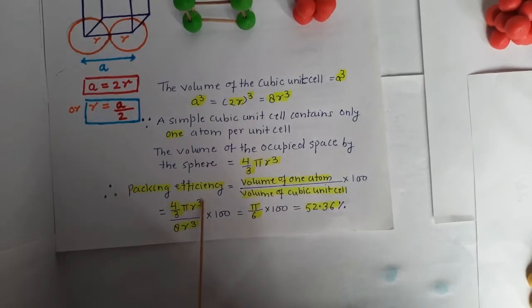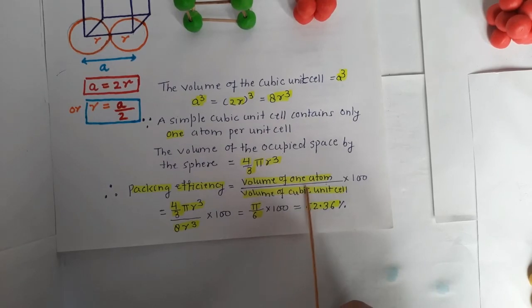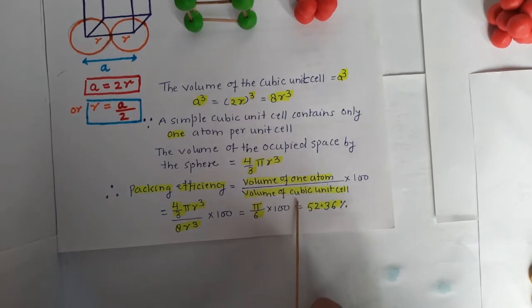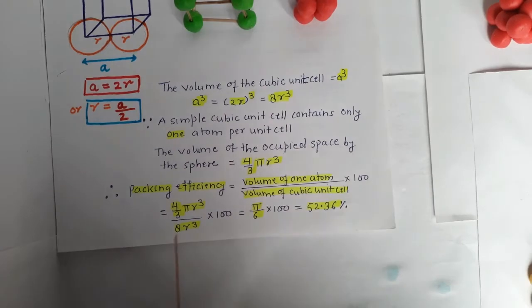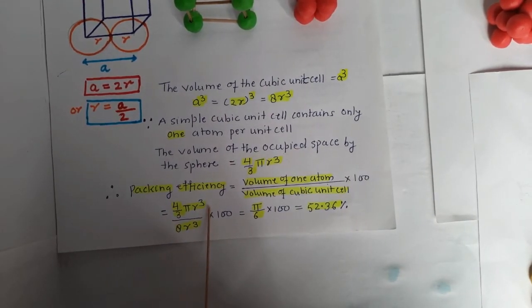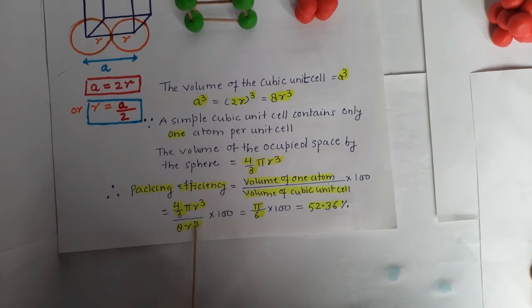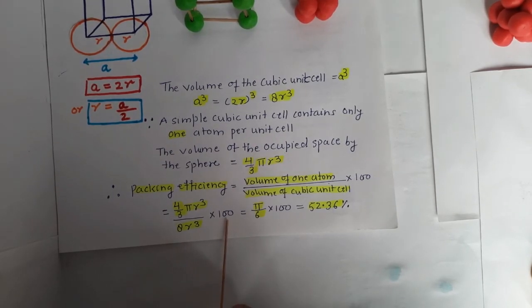So the packing efficiency can be calculated as volume occupied by one atom or sphere present in this unit cell divided by the volume of the cubic unit cell multiplied by 100. So this will be equal to 4 by 3 pi r cube divided by 8 r cube, multiplied by 100.